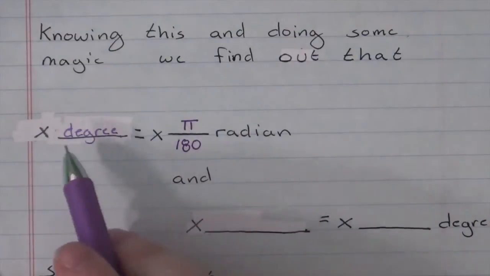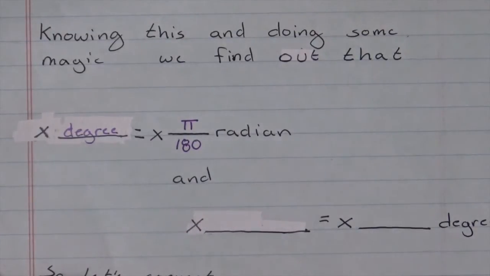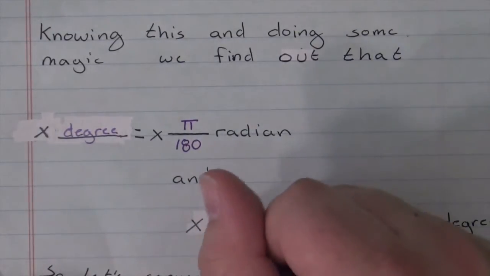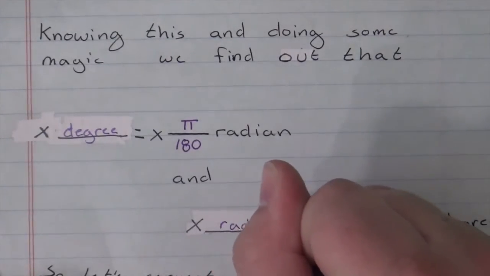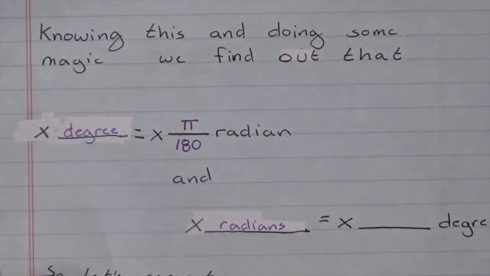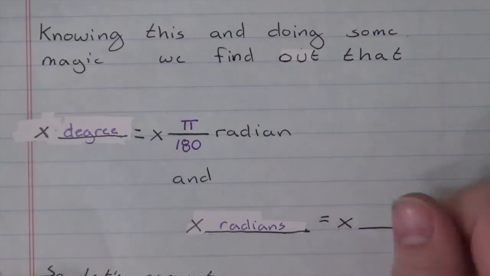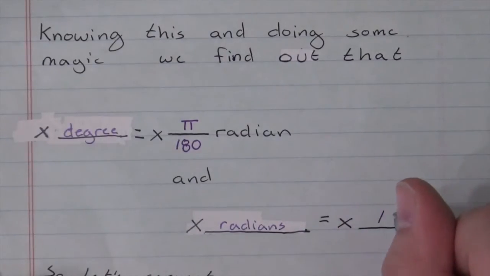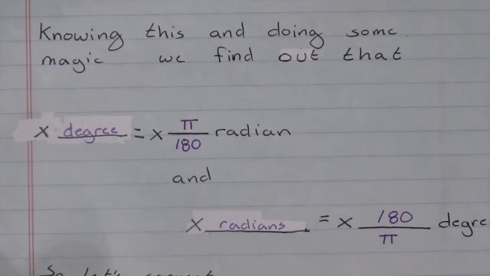Okay? I'll explain to you what this all means in just a second. We also find out that x radians is equal to x times 180 over pi degrees. So what does this do, and how does this help us?